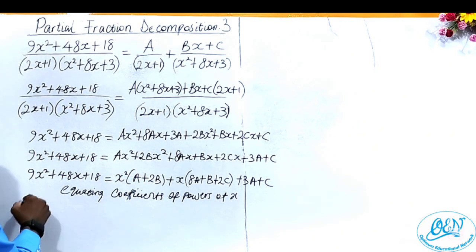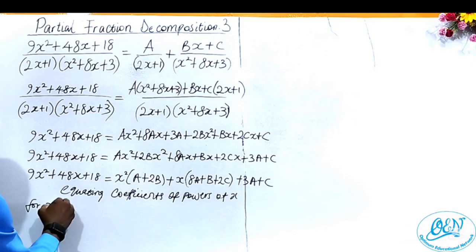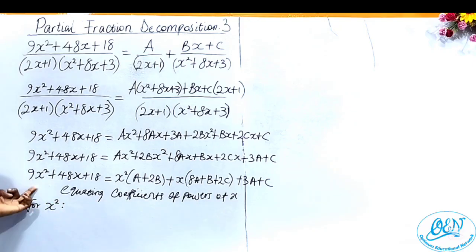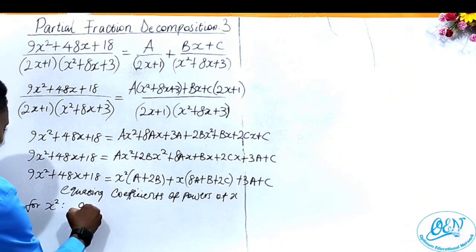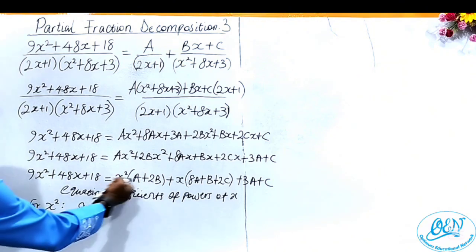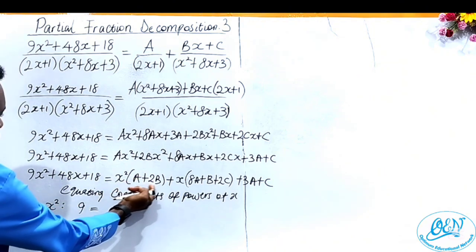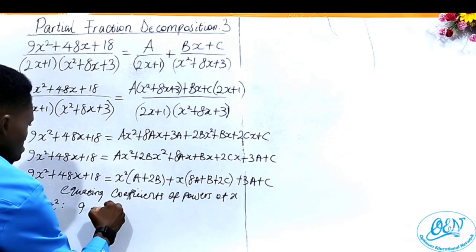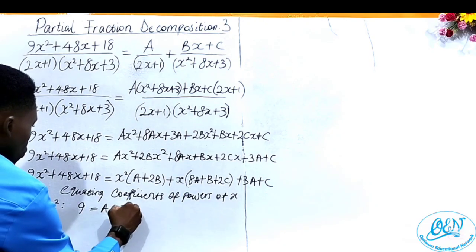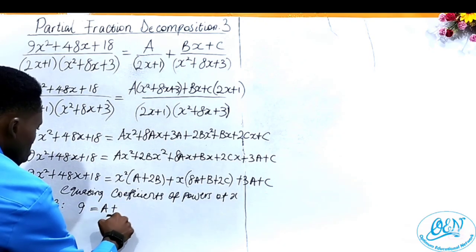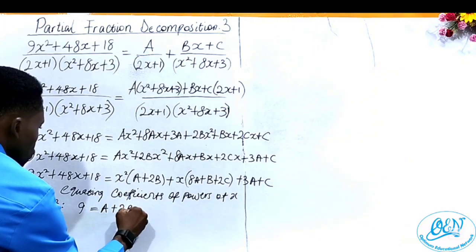we'll have for x squared, in this part of the equation, the coefficient is 9. So we'll have 9 will be equal to, for x squared in this part of the equation, the coefficient is a plus 2b.